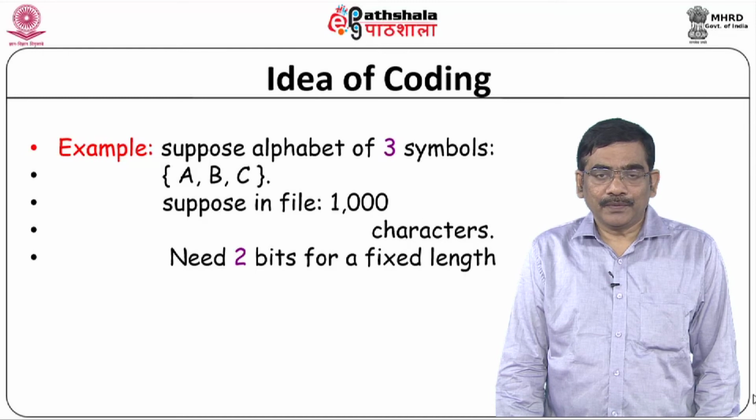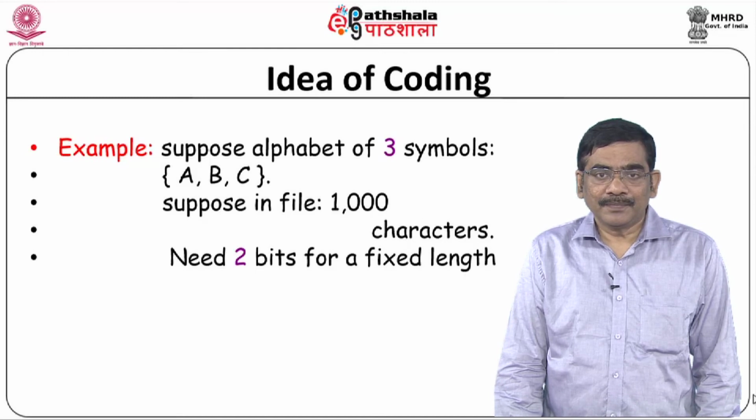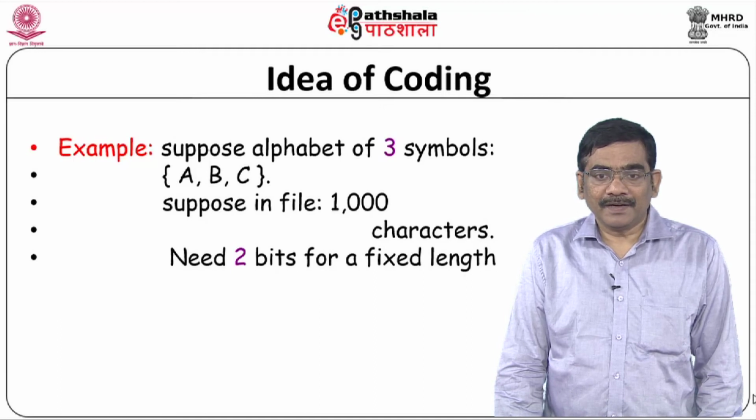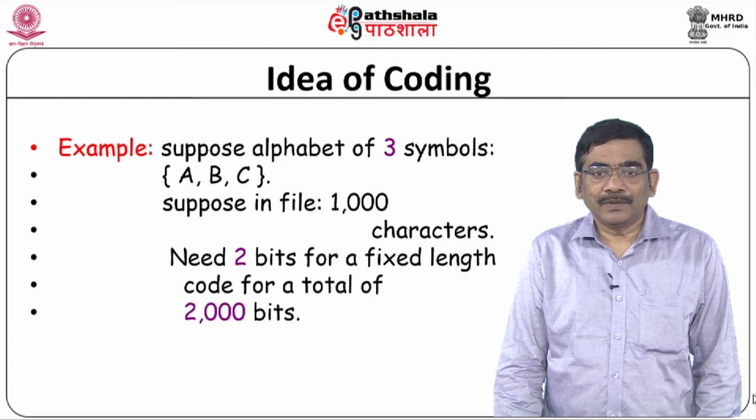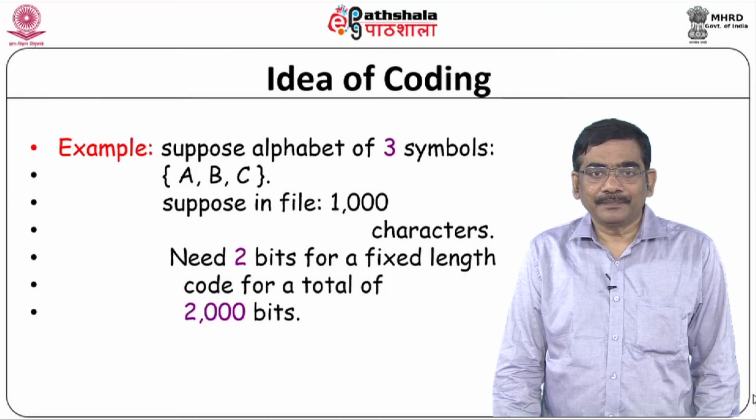Even though there are only 3 symbols, I require at least 2 bits to represent them. So, in fixed coding, if I want to transmit a file that consists of 1000 characters, then 2000 bits are required. The main issue here is that the fixed length code is suboptimal, so it is not very optimal.